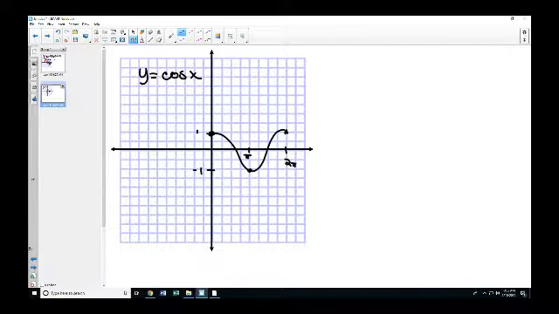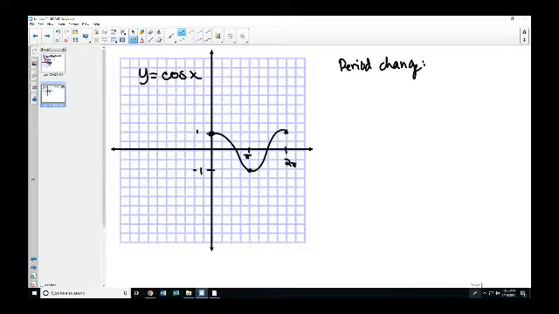To manipulate the period of a function, this is no longer going to repeat at 2 pi. We can make it repeat at pi, we can make it repeat at 1, we can make it repeat at 10 pi.